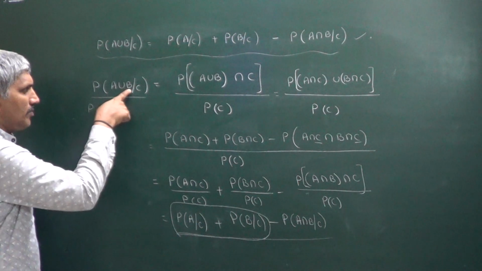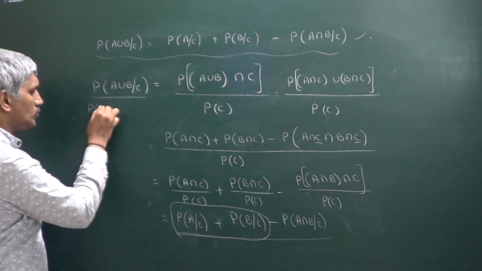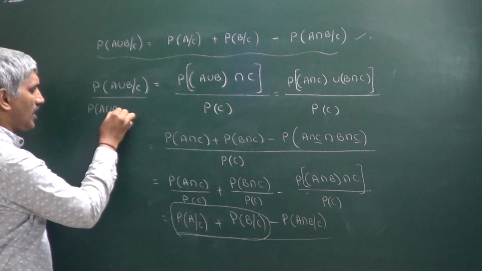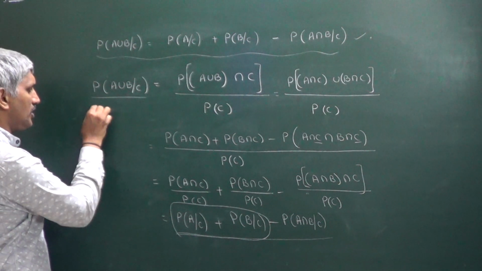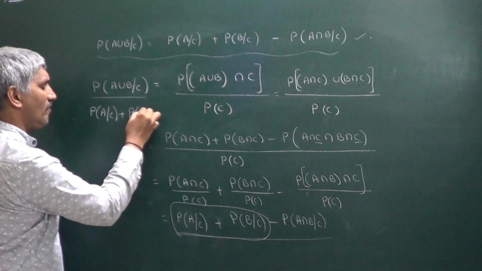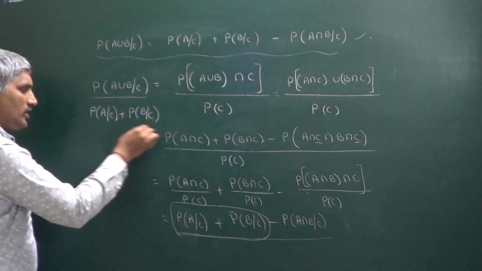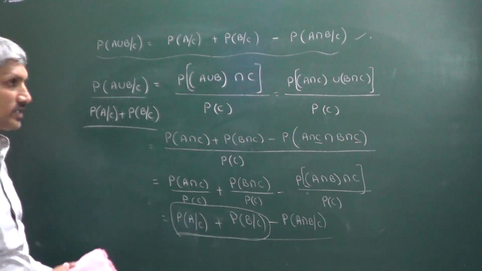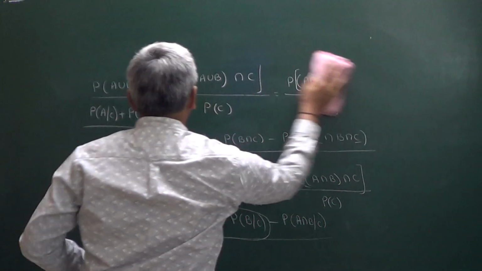If A and B are mutually exclusive events, then P(A ∪ B | C) is equal to P(A|C) plus P(B|C).